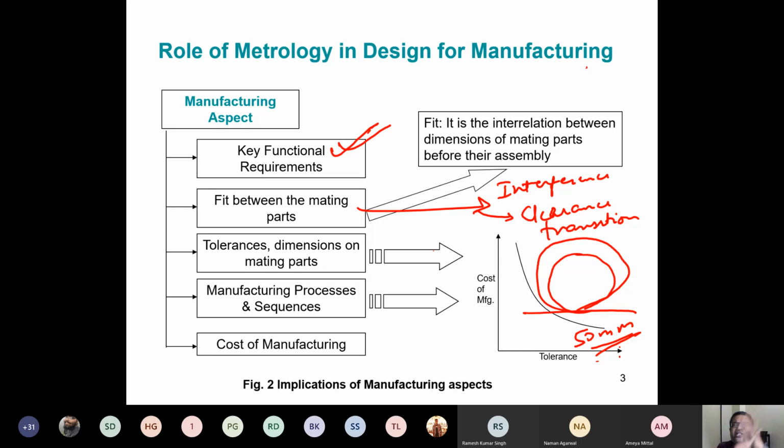always be some band in which I will make. So let's assume that this is the lowest I can make, the smallest shaft. This is the smallest shaft, and this is the largest shaft I can make. Permissible.